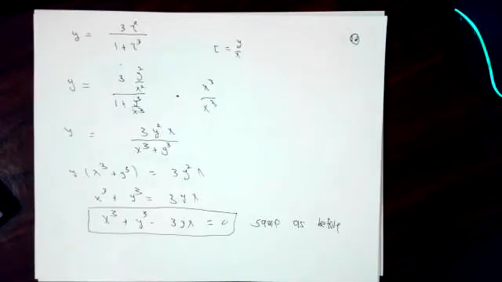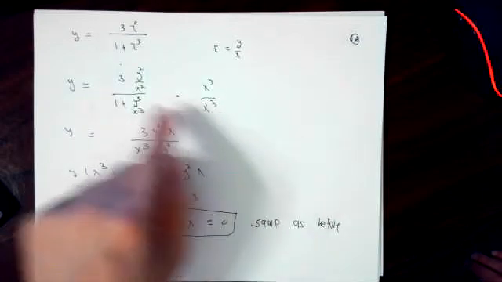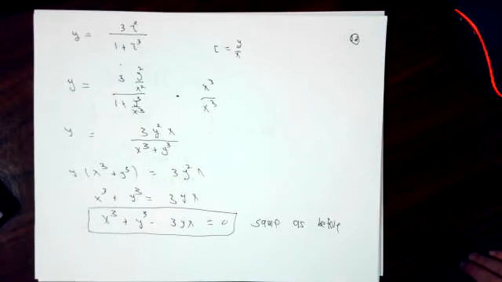Do exactly the same thing. y is 3 times t squared over 1 plus t cubed. So I have to multiply by x cubed to get rid of all the fractions. I find out that y is equal to 3y squared x over x cubed plus y cubed.